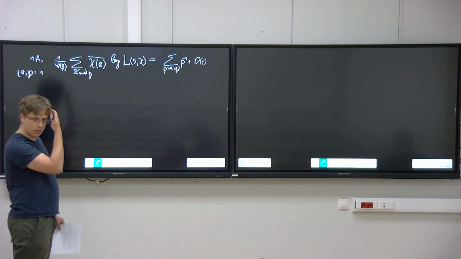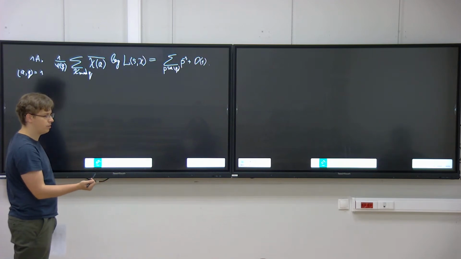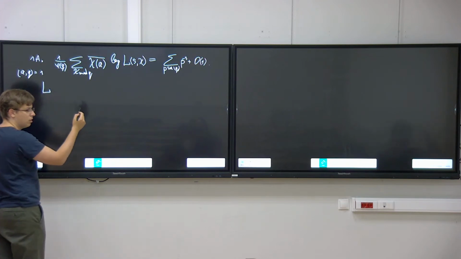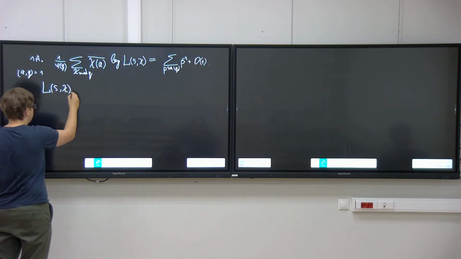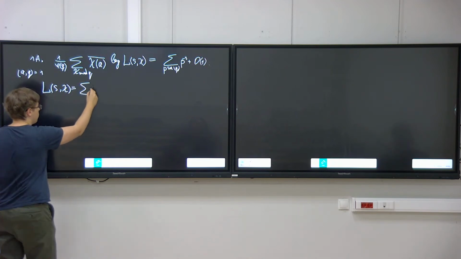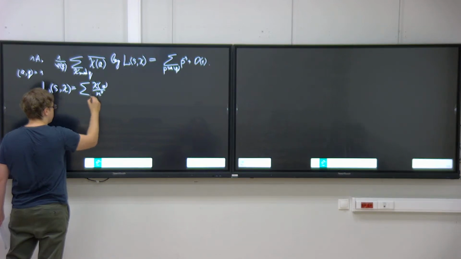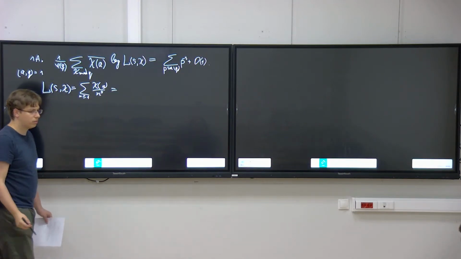Just a moment. I will remind you what the L function is, etc. I'll try now. Okay, first let us... Well, let me try to expand it then. What is the L function? This is the sum of chi of n over n to the power s. And this has an Euler product.